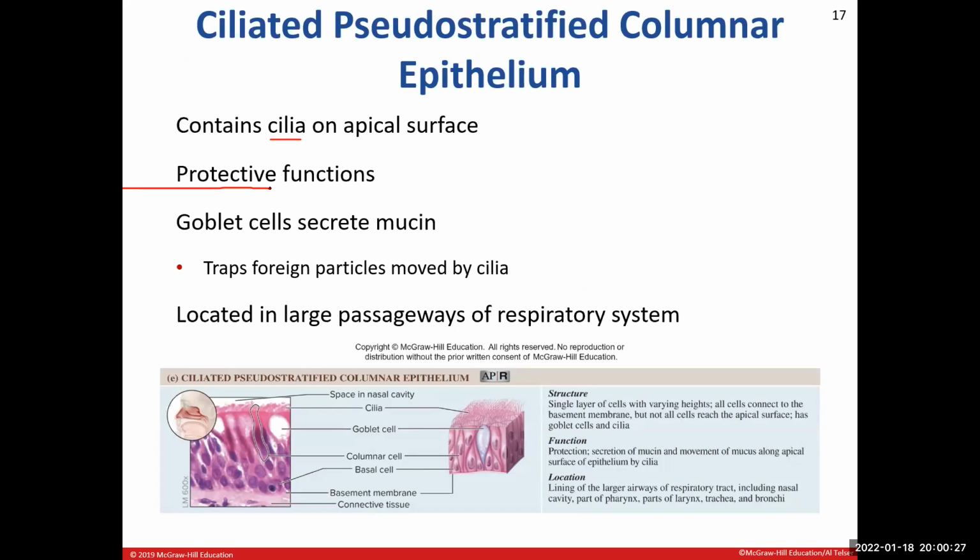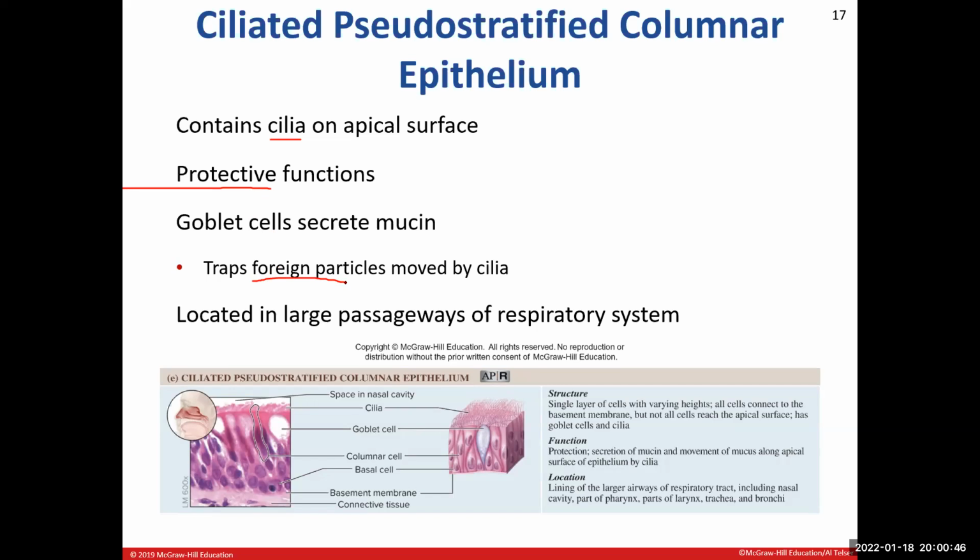So there are going to be goblet cells found there because there's cilia present. Of course, the goblet cells do what they do best. They make and secrete the mucin, which mixes with water, and then the cilia move that around. And part of that mucus is wonderful to trap pollutants and foreign particles.